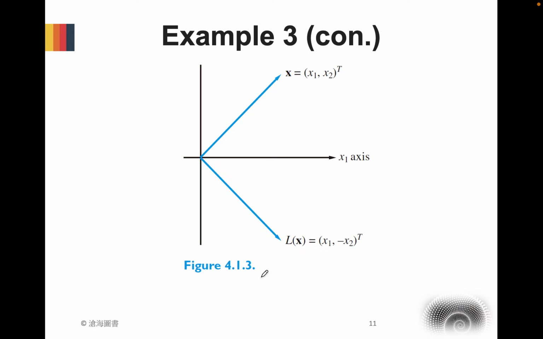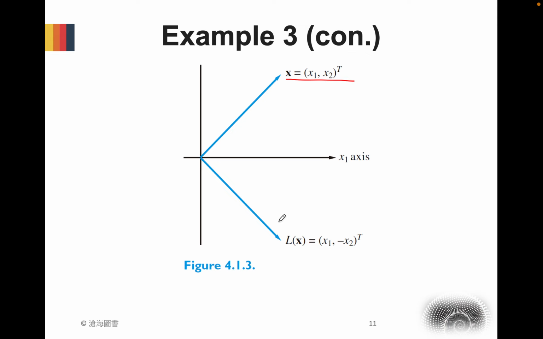So what is the geometrical meaning of this mapping? Originally the input vector x is here, and the mapping L would be (x1, negative x2). Right. So the geometrical meaning is that we do the reflection along the x1 axis.